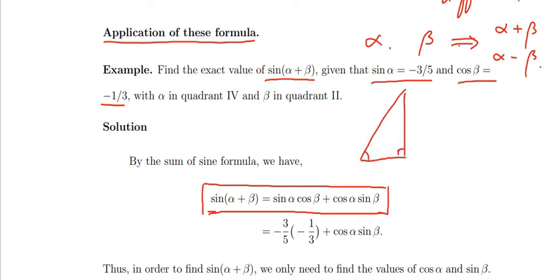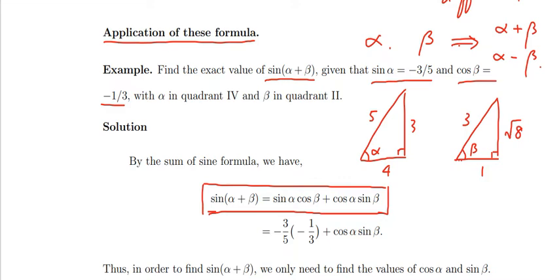Suppose this is angle alpha, and we know sine alpha equals 3 over 5, so we know this side is 4. For angle beta, we also use a right triangle. Suppose this is beta, and we know the cosine value is 1 over 3. Then this side is radical 8.